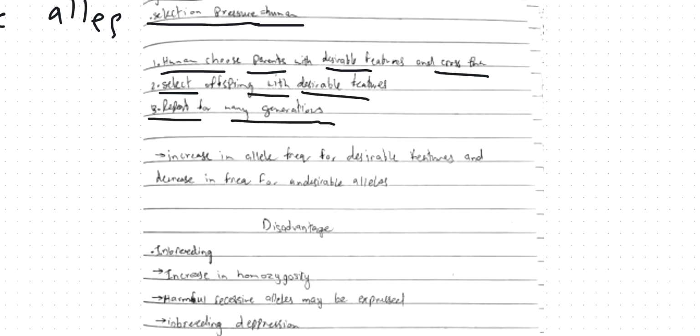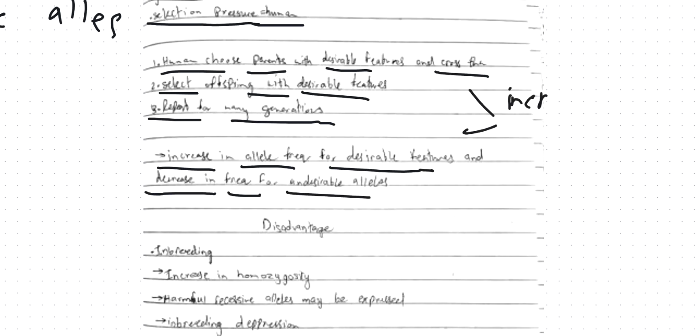This increases allele frequency for the desired trait, but decreases the allele frequency for the undesirable trait. So remember, artificial selection will cause an increase in the desirable trait.